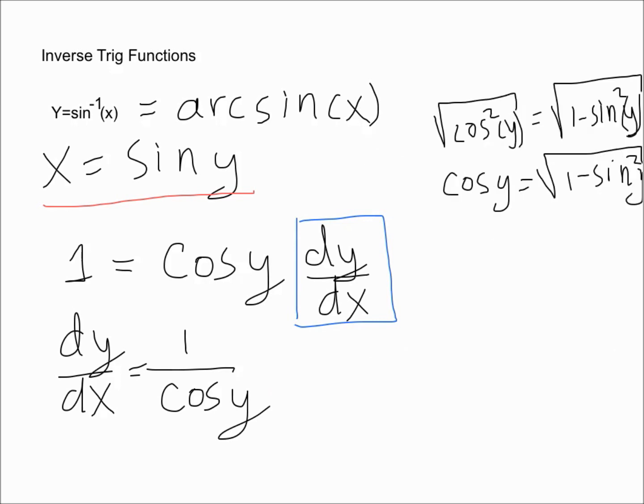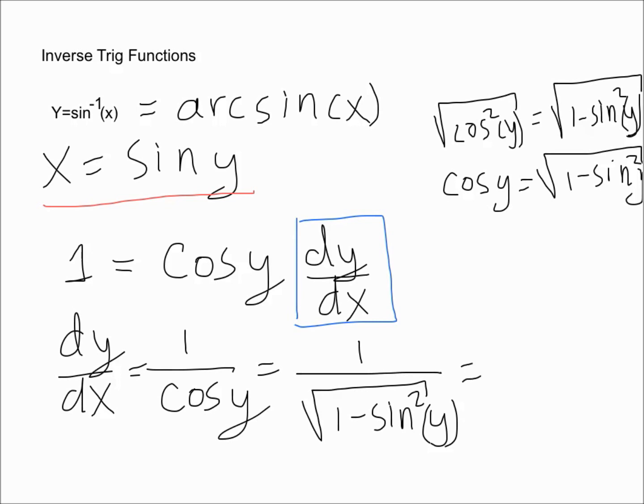I moved the text to have a little bit more space, so we put what we just obtained into the equation. We would have 1 over the square root of 1 minus sine squared of y. And now is when that conversion I was talking about becomes useful. So we have this part here and this here.